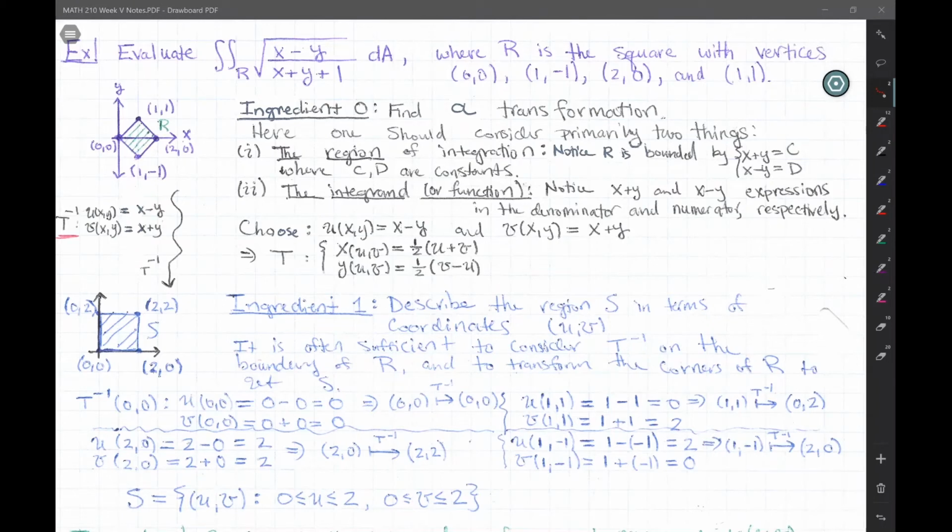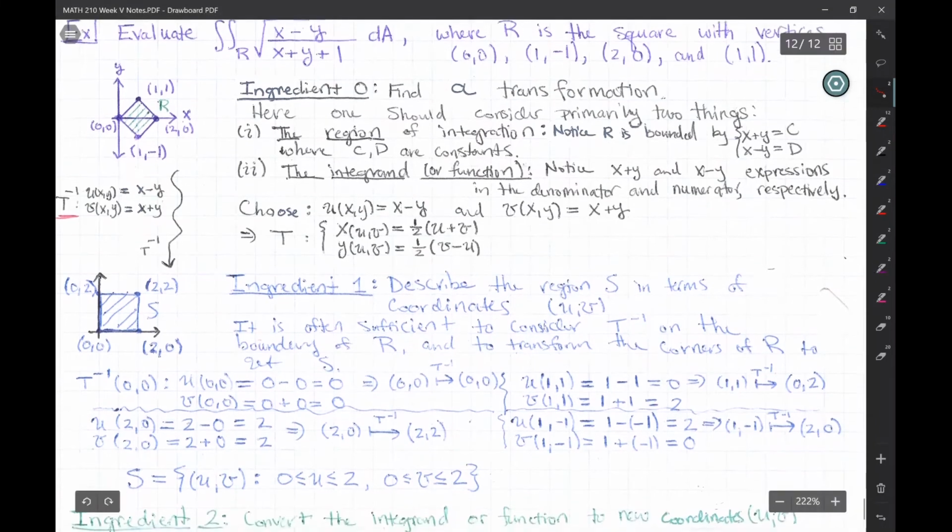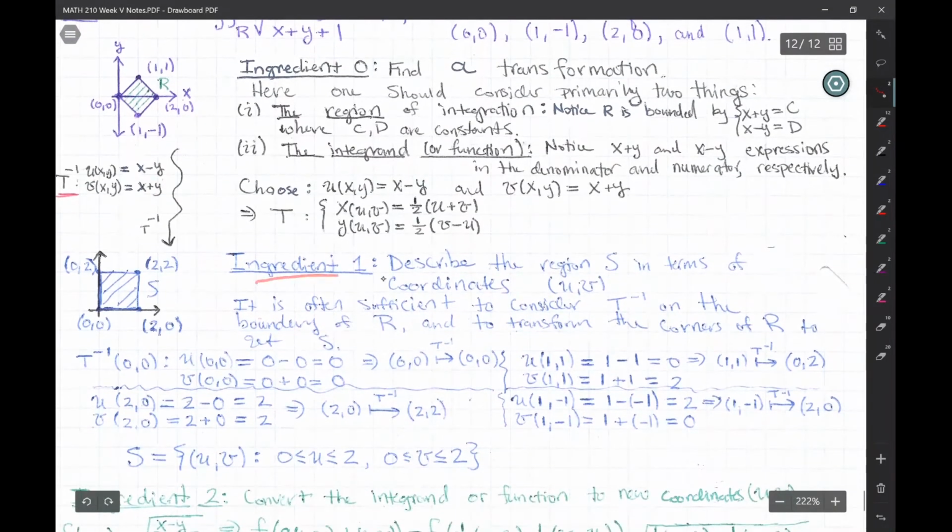So we have our transformation, and that was ingredient 0. What is ingredient 1? Ingredient 1, as is typically the case in previous examples of coordinates we've used, is describing the region S, in our new coordinate system UV, in terms of coordinates u and v. So we want to describe this new region that we'll be integrating over.